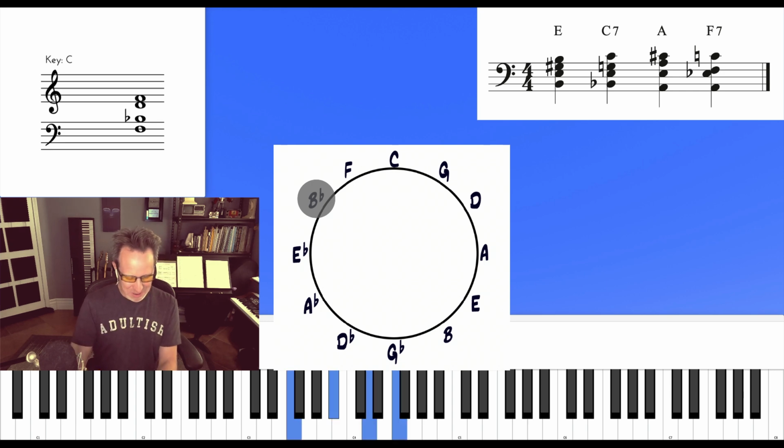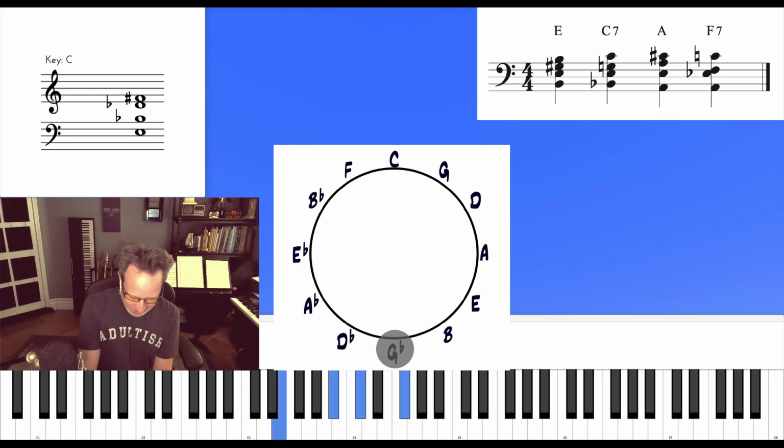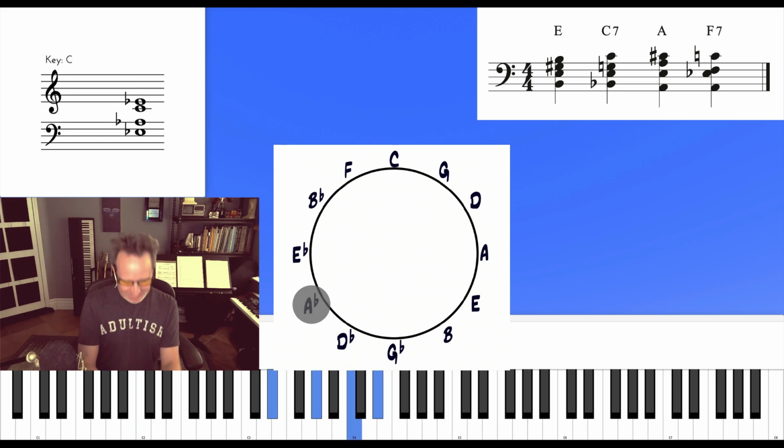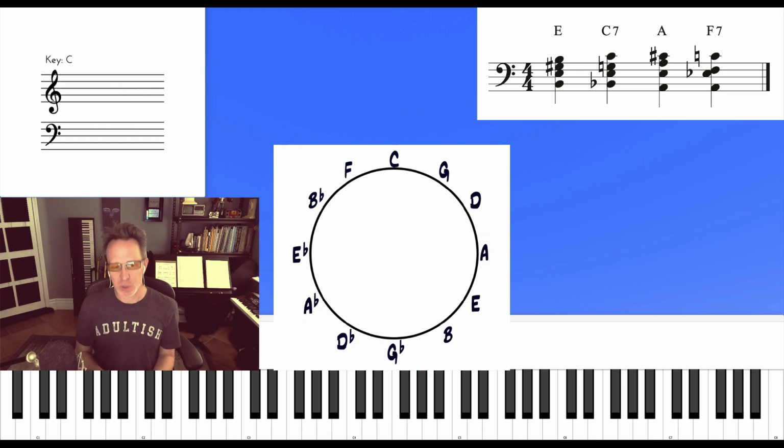What's next? B flat to G flat 7 to E flat to B7 to A flat. So I'm following the circle of fifths with every other chord, but I'm using this mediant movement in between.